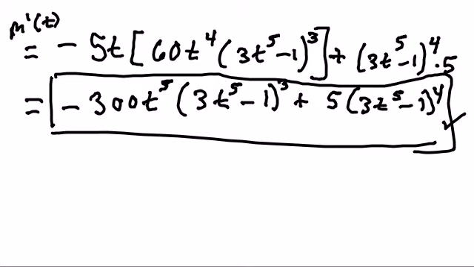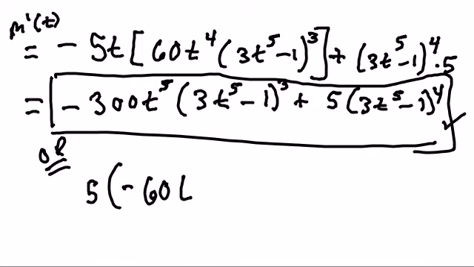But just to show a different form, I could factor a 5 out. And 5 goes into negative 300, that'd be a negative 60 t to the fifth. Actually, let me go back here.